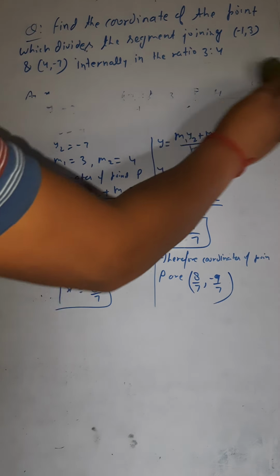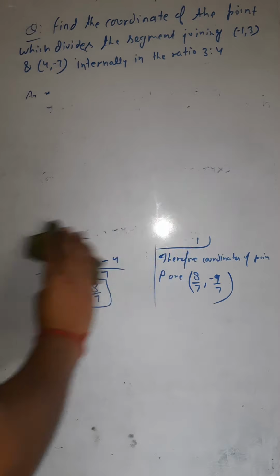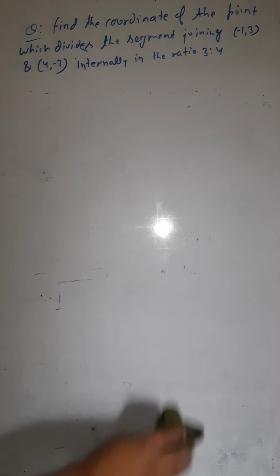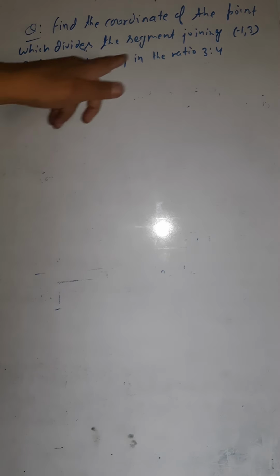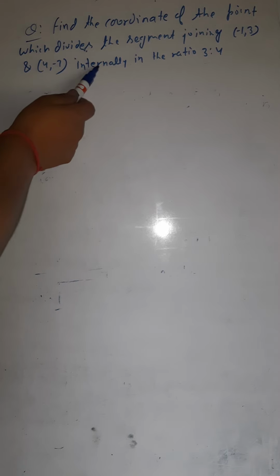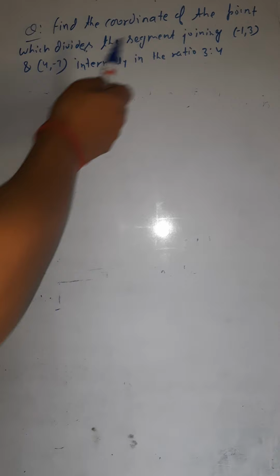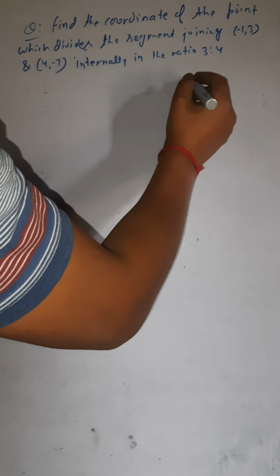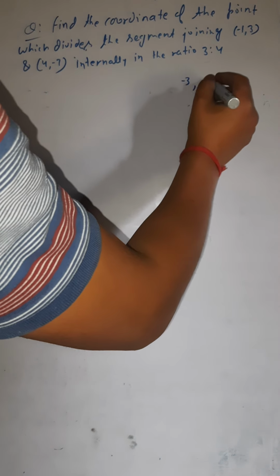One thing I have written here: internally in the ratio 3:4. If it had been written externally, then m1 would have been -3 and m2 would have been 4.